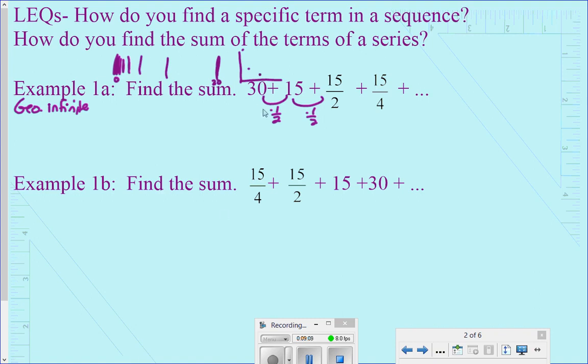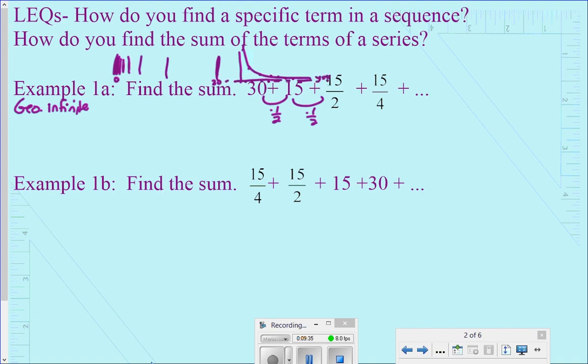And then 4 is 15/4 there. You get the idea. As we continue further on, getting larger x values, meaning further terms in the series, the y values are getting closer and closer and closer to 0, which means, graphically speaking, we have a horizontal asymptote at y equals 0.